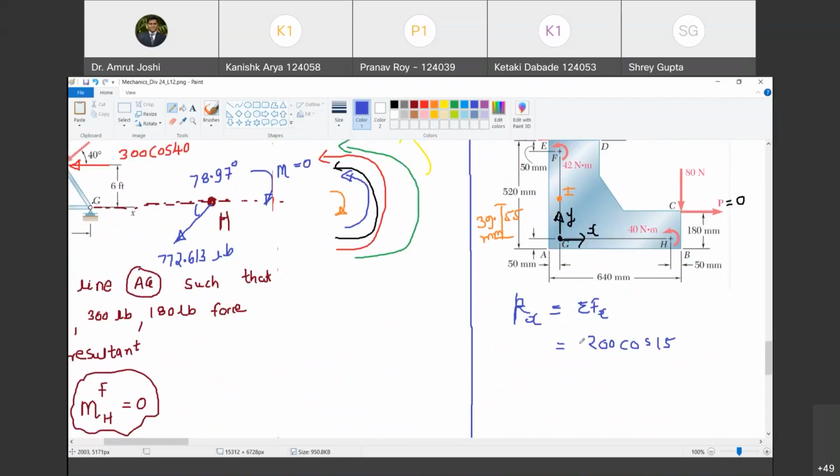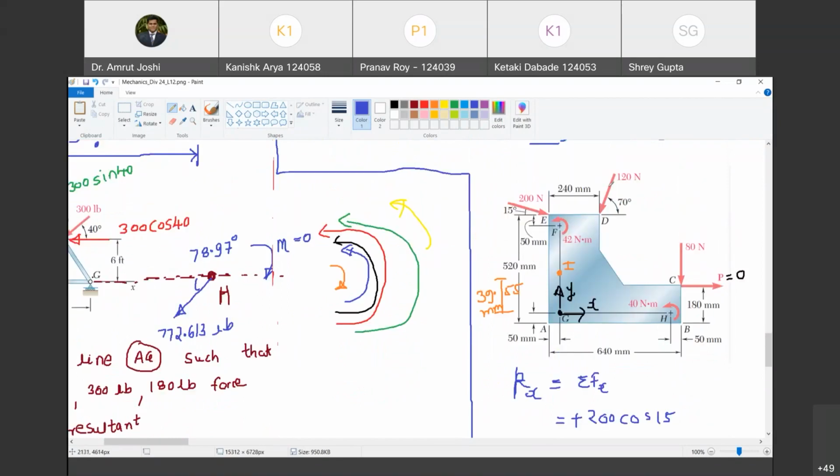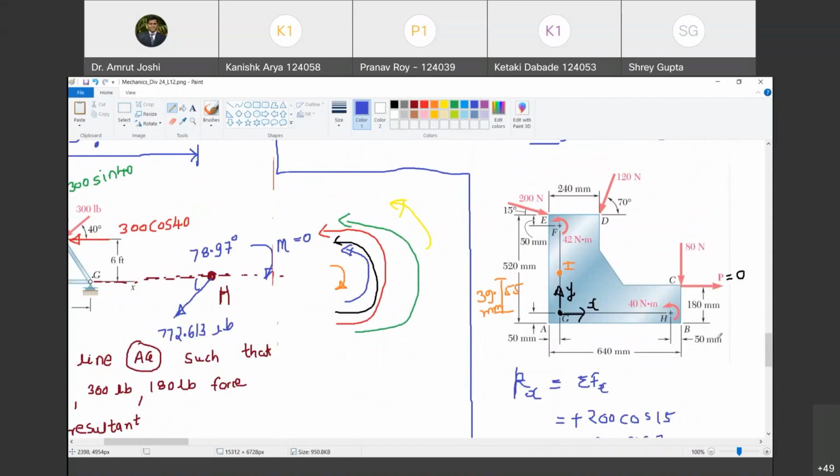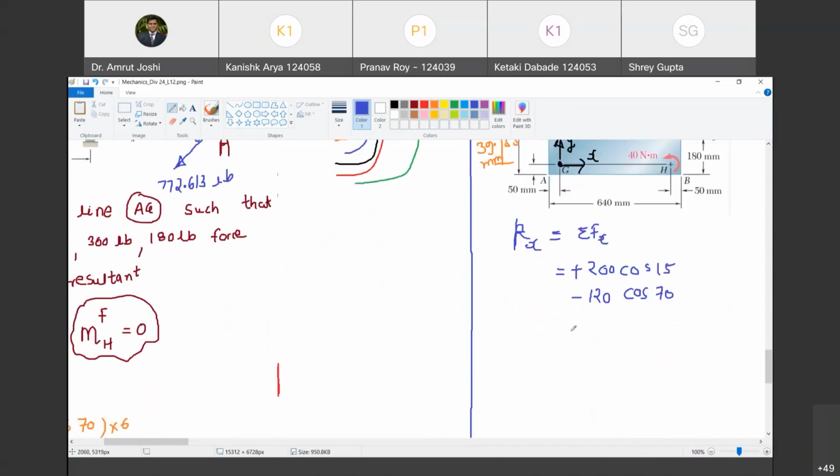It is positive because it is towards right. Minus 120 cos of 70. Happy? Yes, sir. Is there any other horizontal force? No, sir. 42 Newton meter and 40 Newton meter are couple moments, so those are not forces. Are you with me? Yes, sir.